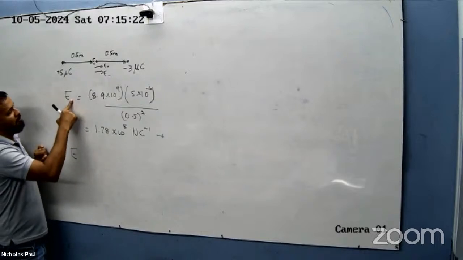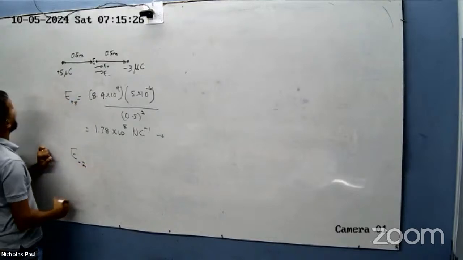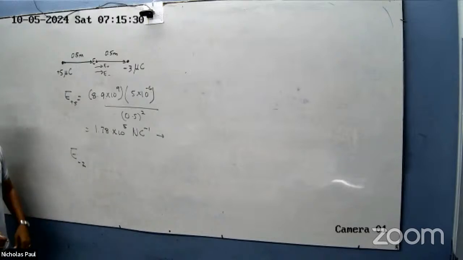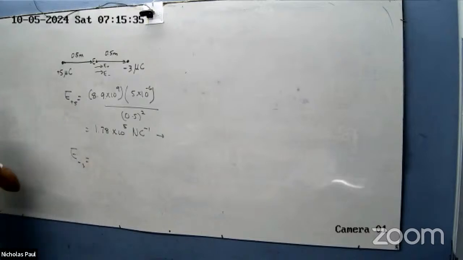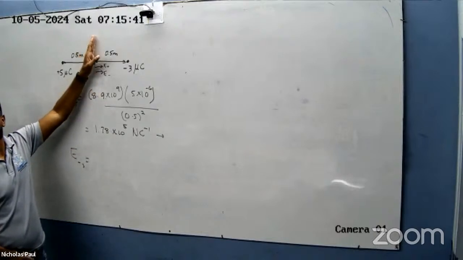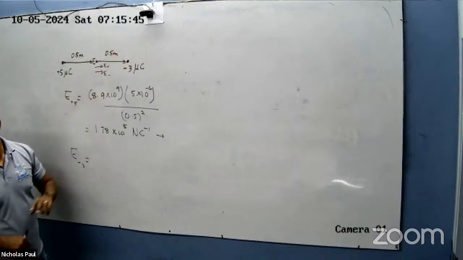So this would have been for the positive 5, now the negative 3. Why is the positive going that way? Because if I place a positive charge here, how will it move?